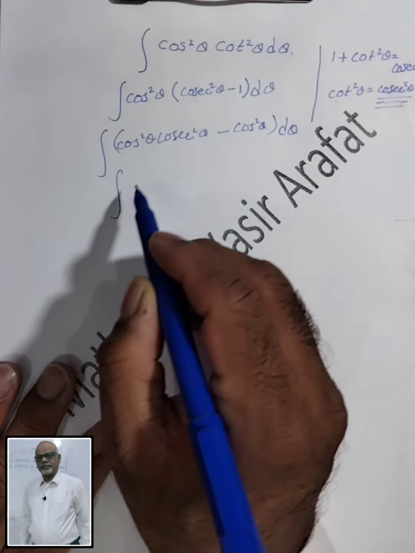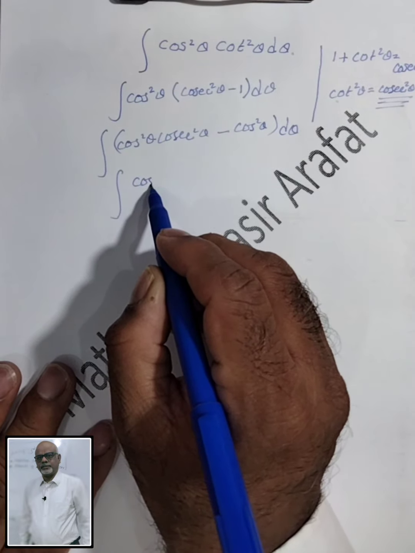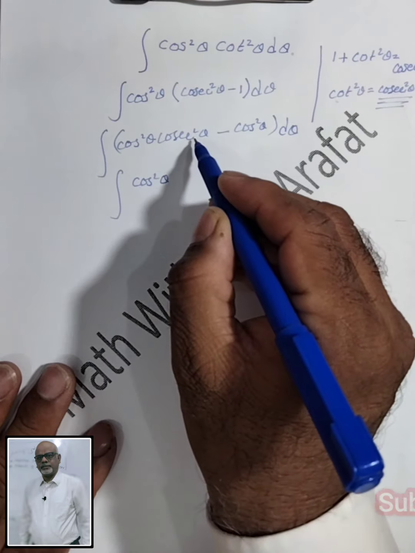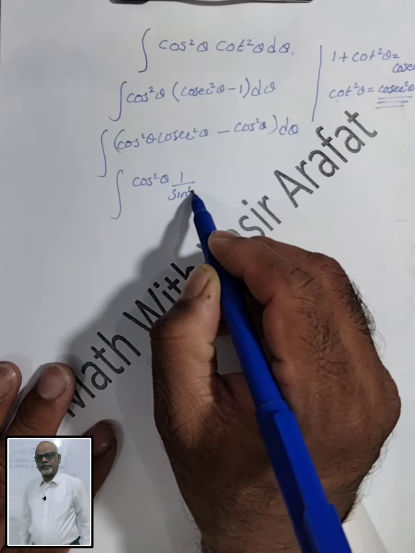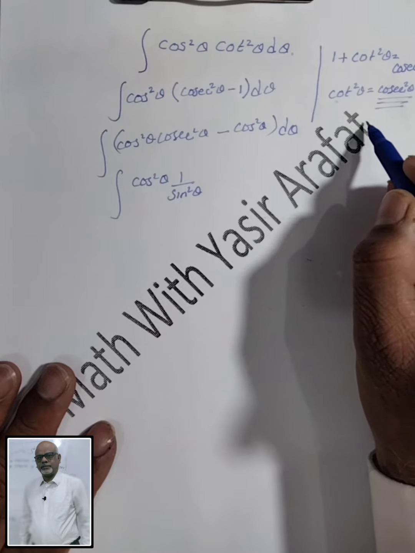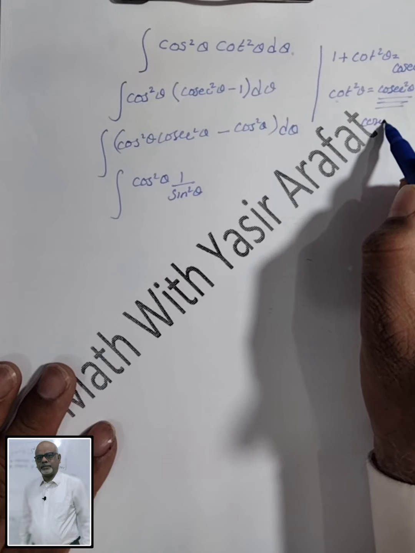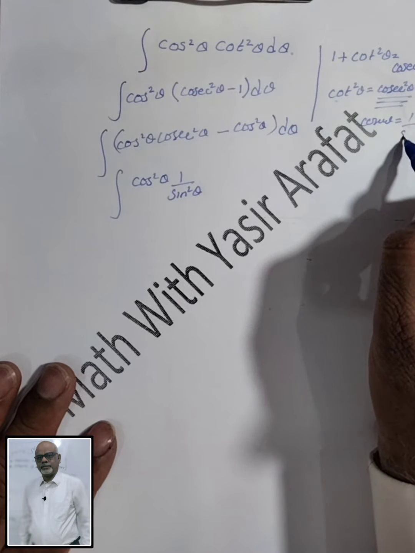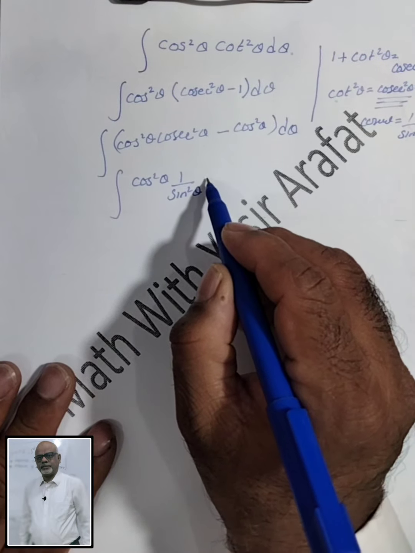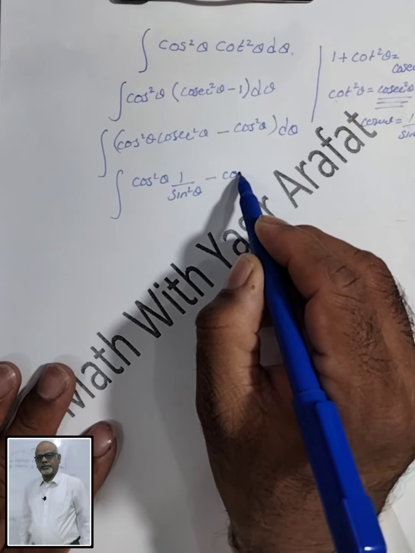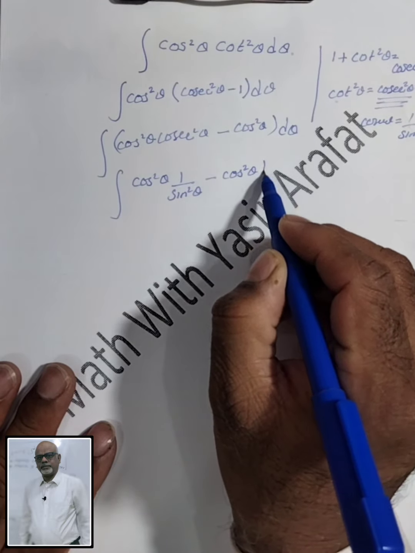Now here, cos square theta cosec square theta equals cos square theta over sin square theta, because cosec theta equals 1 over sin theta. So we just put the value here, cos square theta d theta.